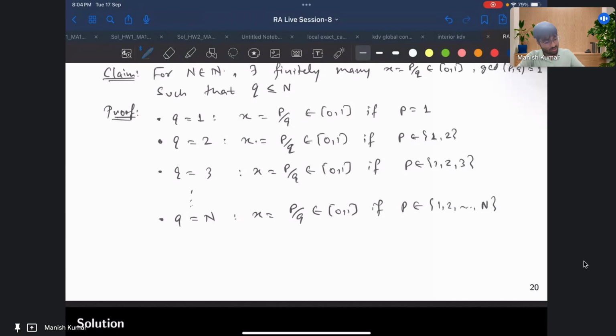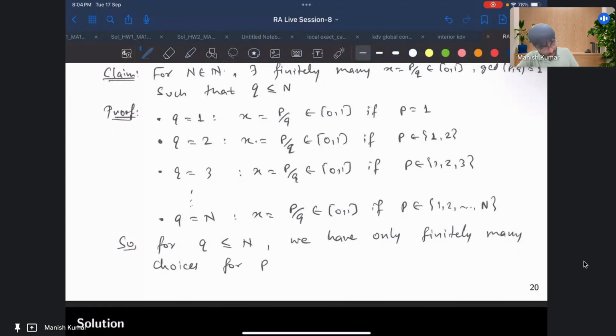When the denominator is less than or equal to n, we have only finitely many choices for p so that p by q belongs to (0, 1].